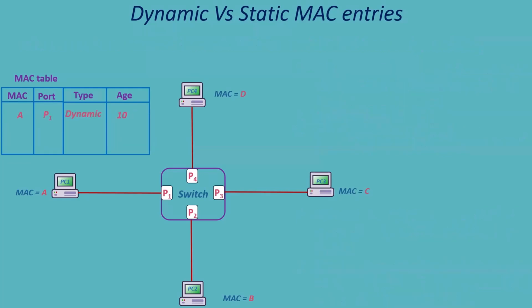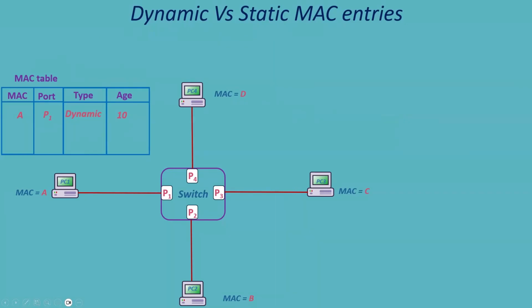Now, taking a similar example and introducing the concept of refreshing the entries in the MAC table. Depicting here a MAC table with the entry for MAC address A on port P1. Time remaining for the timer is 10 seconds.